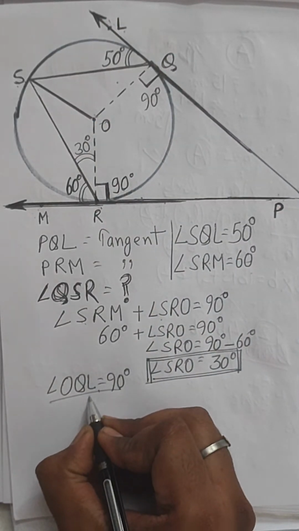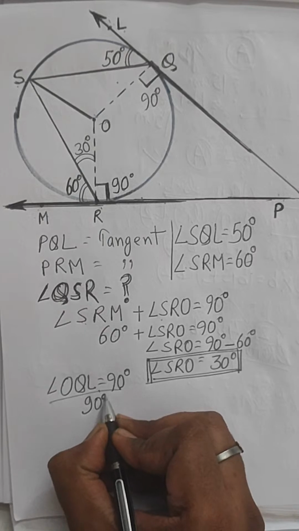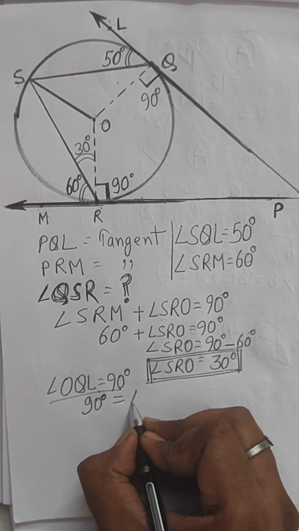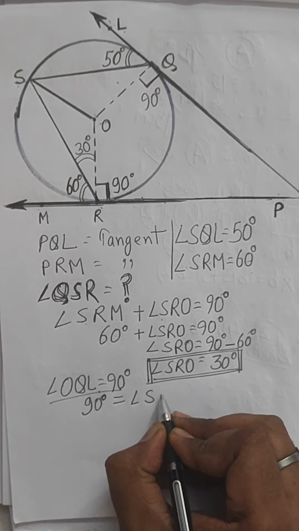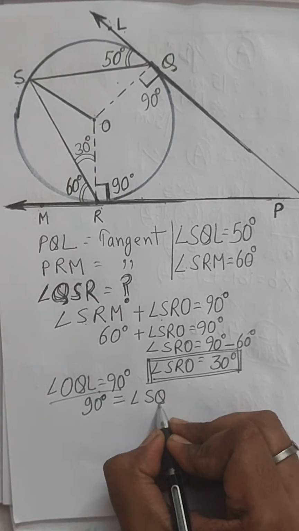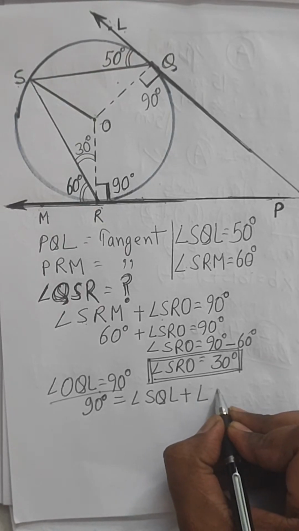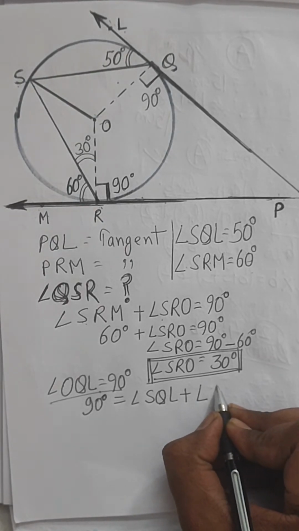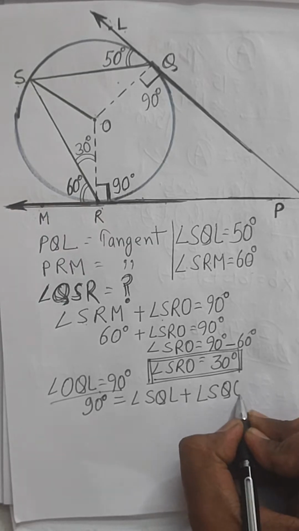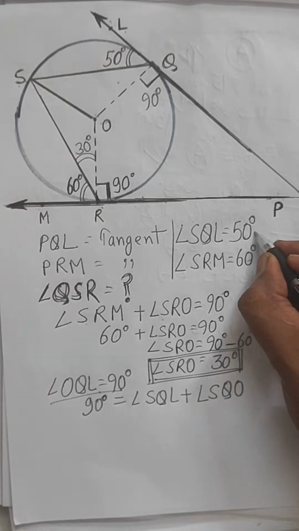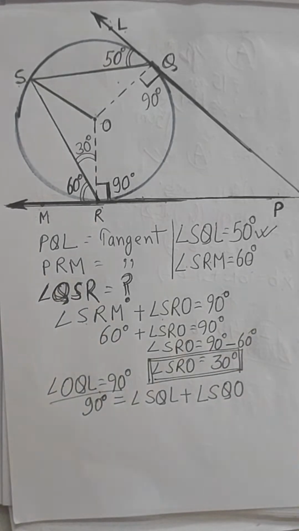So angle OQL is 90 degrees, which is equal to angle SQL plus angle SQO, right? And SQL is given to you as 50 degrees.